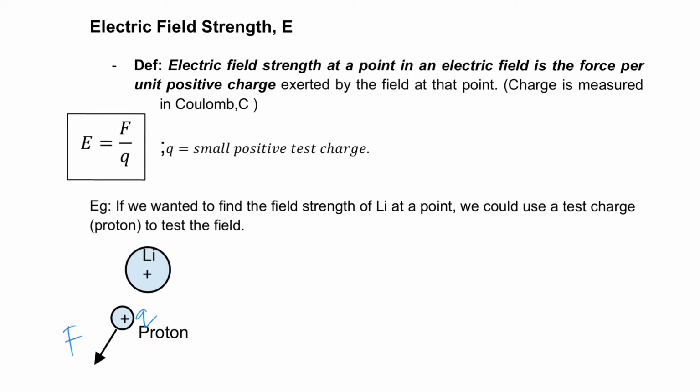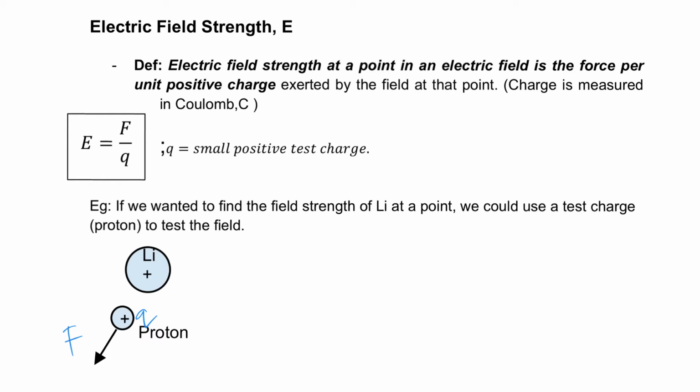Some people say, why do we do it this way? Because do you agree that the stronger the field, the stronger the force acting on any test charge that you place there? For example, we look at gravitational field. The Earth has a gravitational field, but we have also learned that the Moon has a weaker gravitational field. So when we stand on the Earth, we feel a bigger weight.